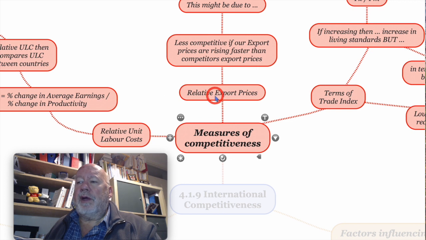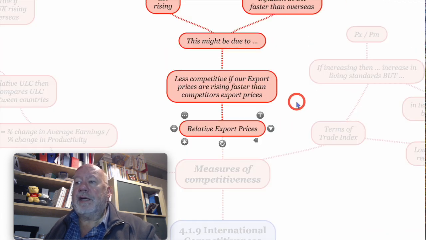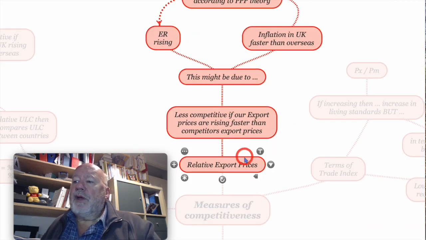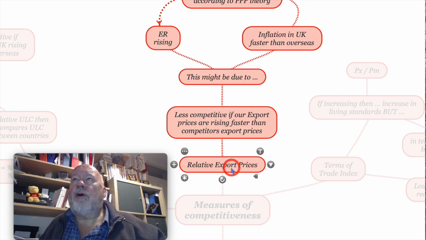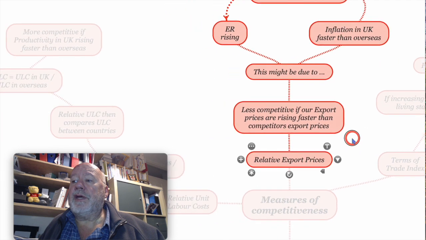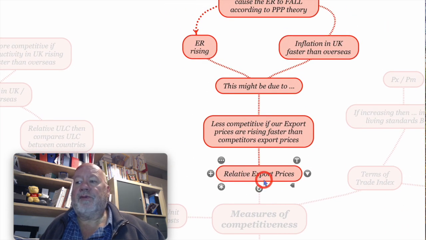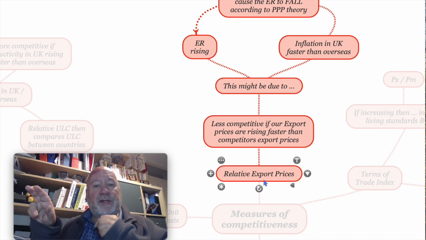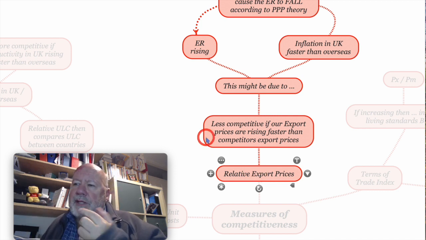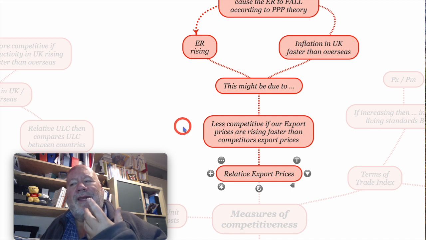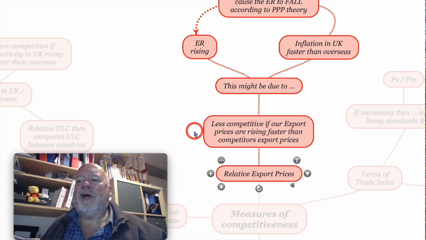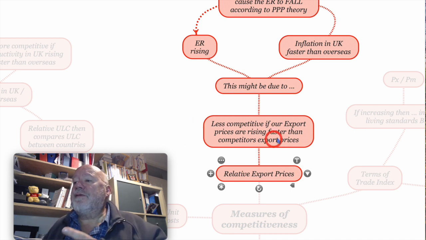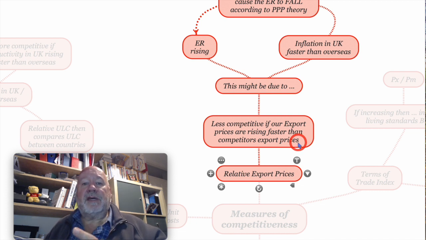So we can look at the exchange rate here, and the second measure of competitiveness is relative export prices. So our export prices compared to the prices in the foreign market. The argument would be that a country would be less competitive if our export prices are rising faster than the competitors' export prices.